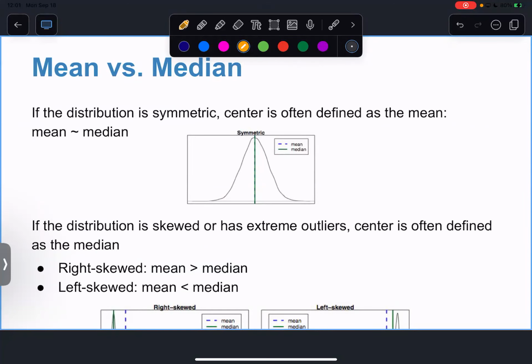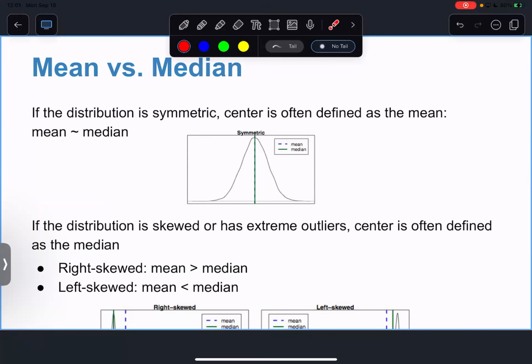So if we think about the relationship between the mean and the median, just remember that the mean is going to be pulled in the direction of the tail. If the distribution is roughly symmetric, then the mean, the median and the mode are all basically the same.